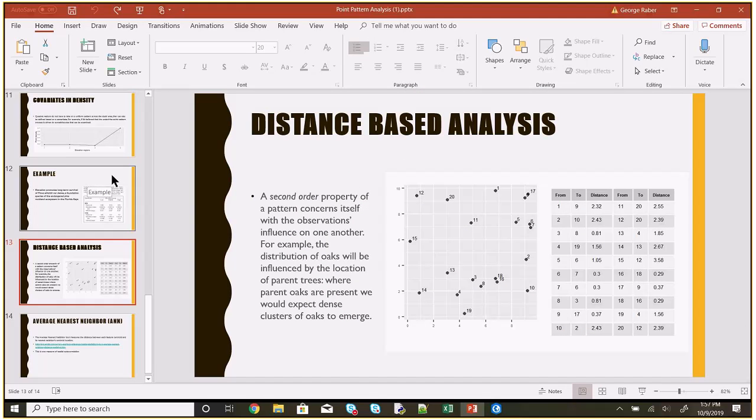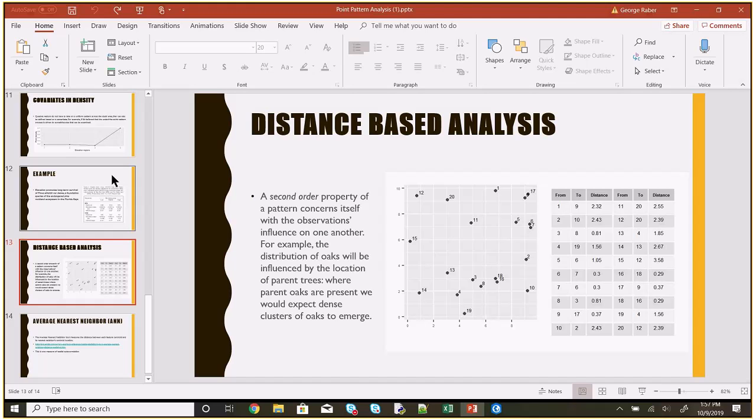Okay? So the first thing they do is create that table that looks like that. So this table is what you were talking about. If these were all the Major League Baseball teams, this table is the from-to distances from every observation to, you could actually do it to the closest observation, or you could do it to all the other observations. This is just to the closest observation, right?